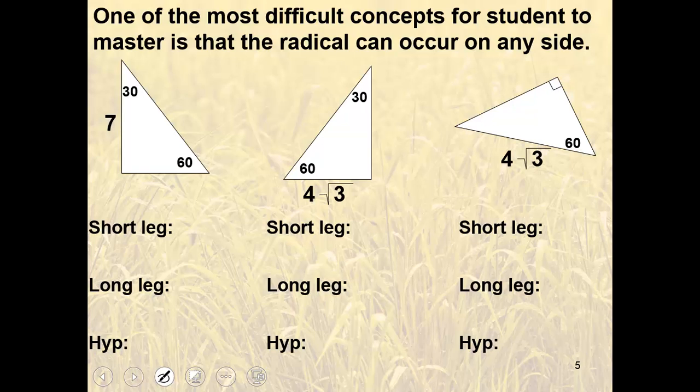Okay, so this is my long leg, and it's 7. So I'm going to start here in the long leg piece. And I have 7 has to equal my short leg x, here's my short leg, times the square root of 3. How do I solve for x? I have to divide both sides by the square root of 3.